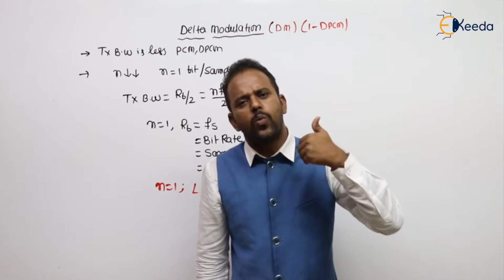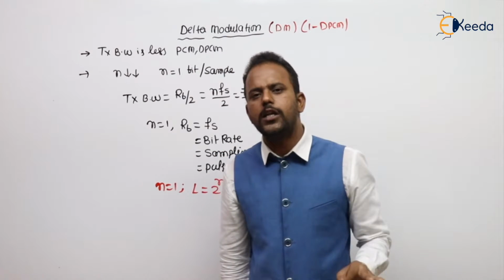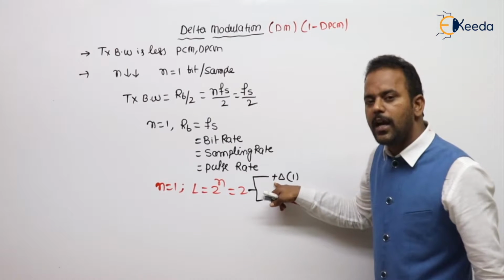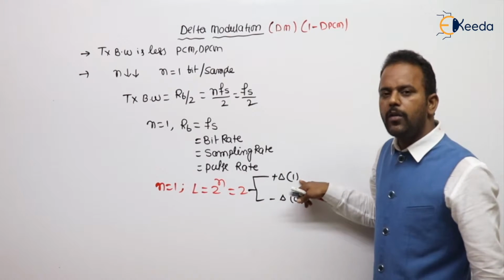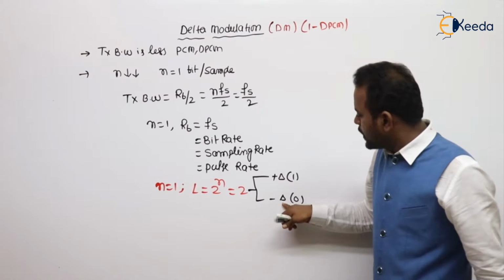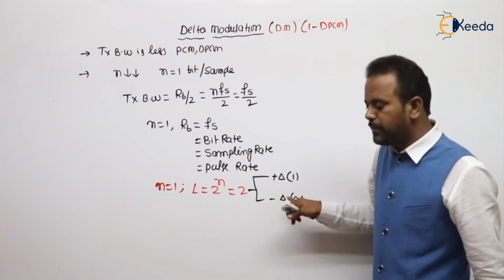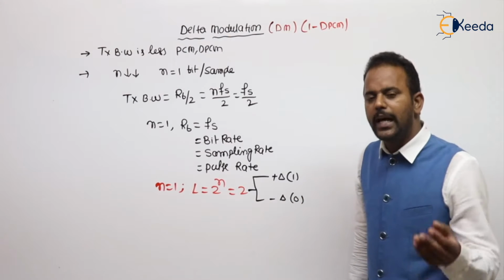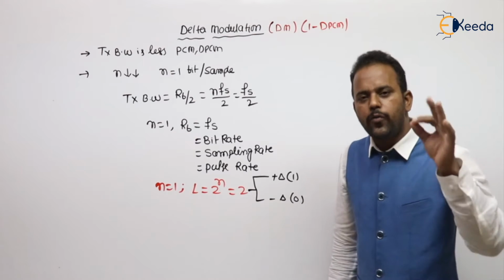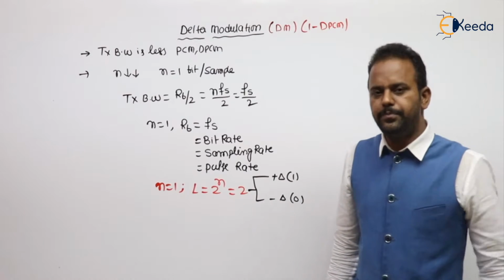If that difference, whatever be the amount, is positive, the quantizer will round up to plus delta level, and the encoder will give you 1 bit. If the difference is negative, the quantizer will round off to minus delta level, and the encoder will give you 0. Delta means step size. Some value will be fixed. How to fix that value, I will tell you, wait.